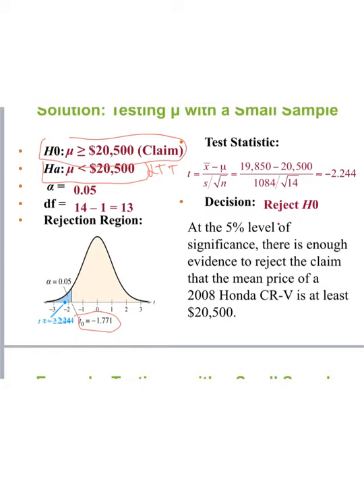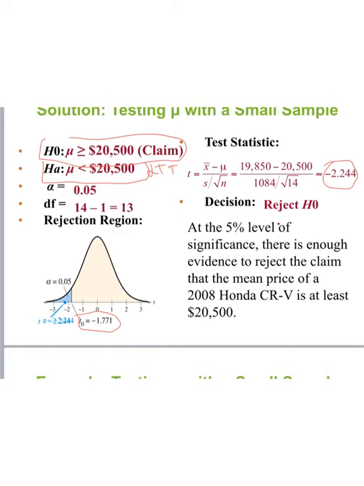And of course, don't forget about degrees of freedom because you're in the t distribution. Then you use the formula or technology to find the test statistic value. And of course, the information comes from the sample here. And in our case, this value falls into reject the null hypothesis.